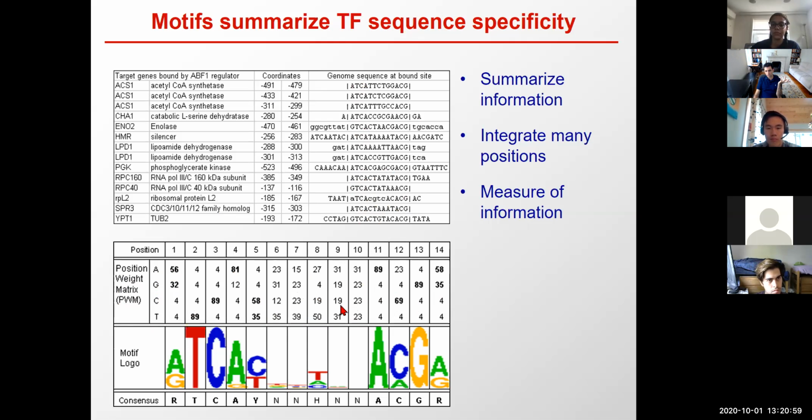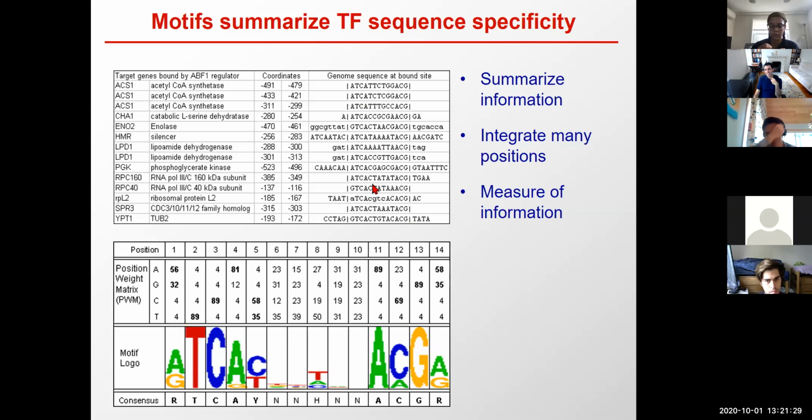So it really doesn't seem to carry that much information, except for, well, this position better not be a G. Otherwise, all three positions seem to be tolerated, with T at a slightly higher frequency. So these motif logos basically summarize the position-specific matrix that tells you the frequency with which each of the nucleotides is found in experimental sites.